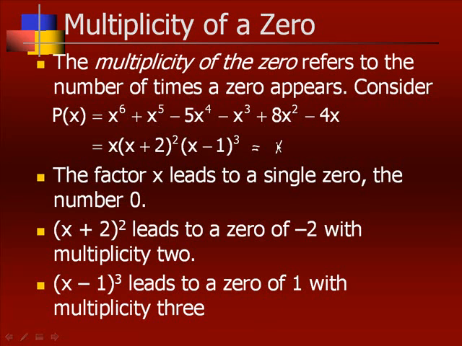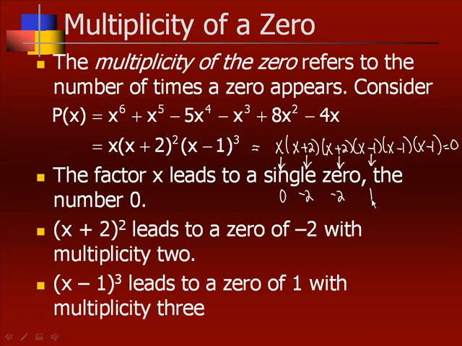If you think about this as factored form, that's x times x plus 2 times x plus 2 times x minus 1 times x minus 1 times x minus 1. And if you went through doing your zero product property, this would give you 0, this would give you negative 2, negative 2, 1, 1, and 1, which remember we only have to write the zeros once.